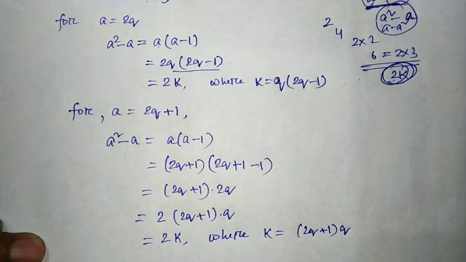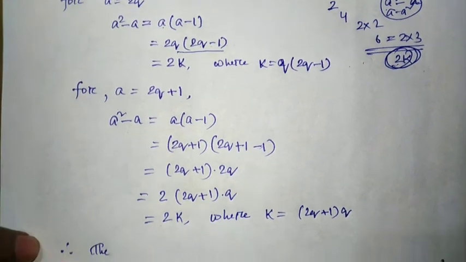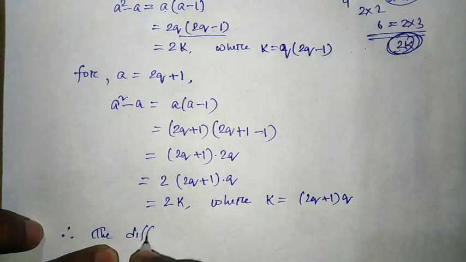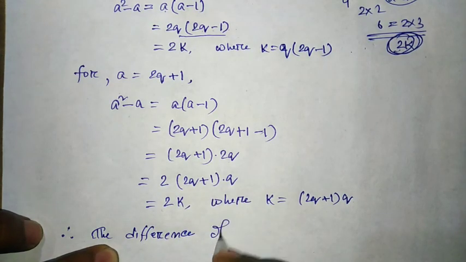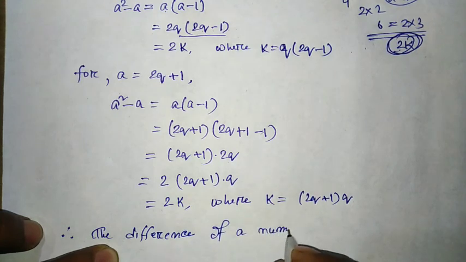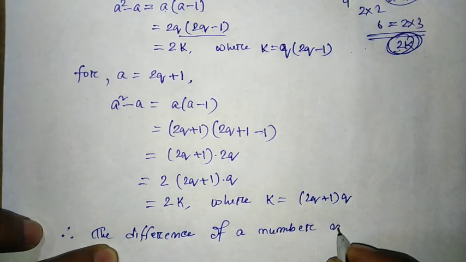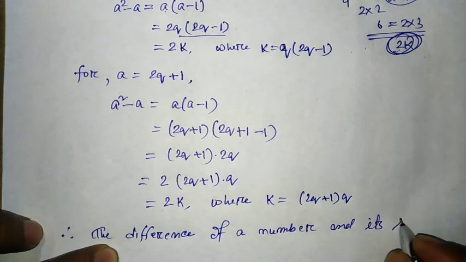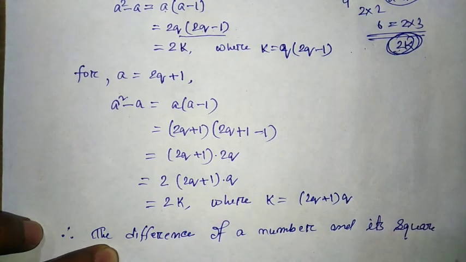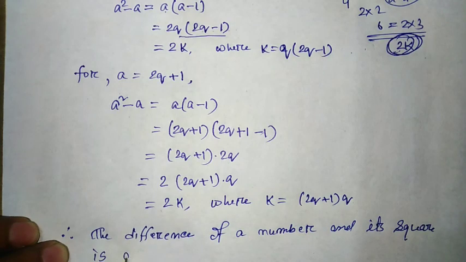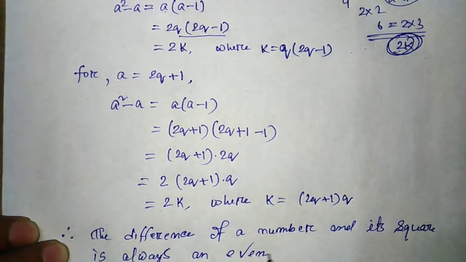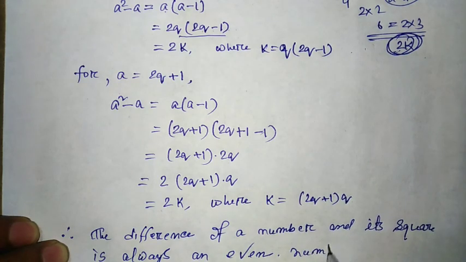Therefore we can write that the difference of a number and its square is always an even number. Thank you.